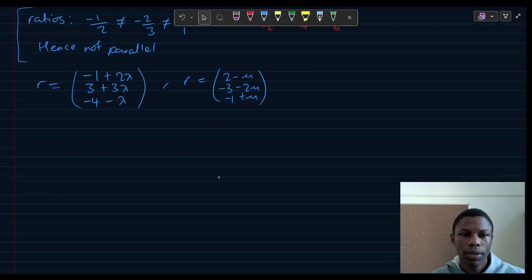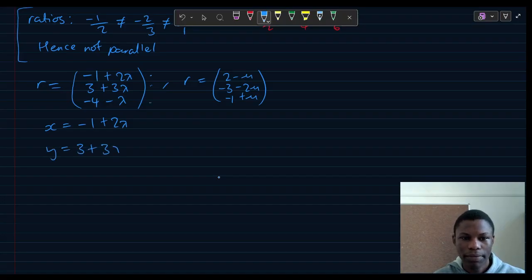And now what we can do is write this as what we call parametric equations, which is just a fancy word for saying this component there represents the x component. So x is -1 plus 2 lambda. And then this is y, this is z. So y is equal to 3 plus 3 lambda. And then z is equal to -4 minus lambda.